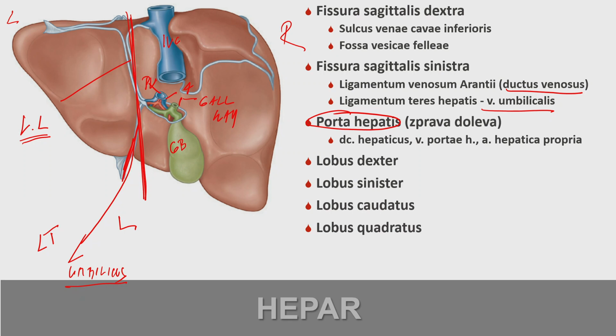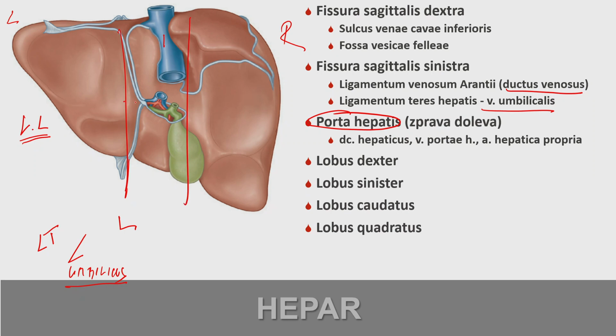So then when we have this H structure here, we are able to distinguish four general anatomical lobes. Those four lobes are called right, left, quadrate, and caudate.